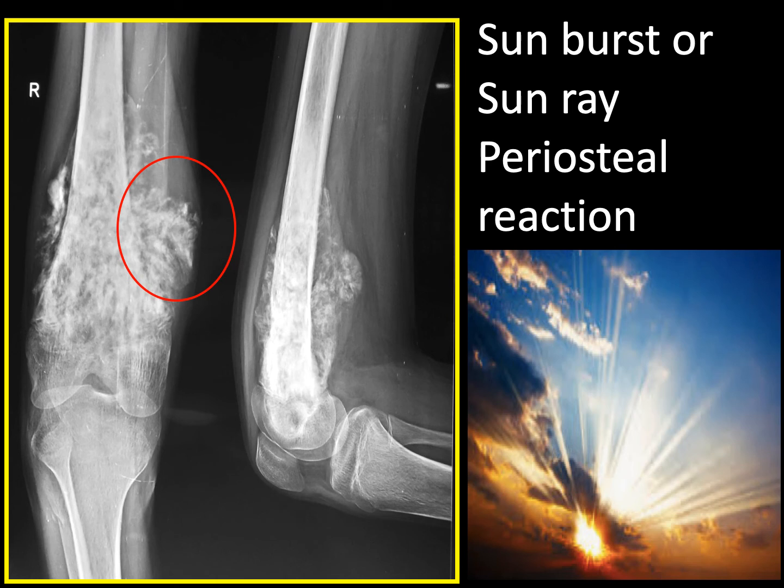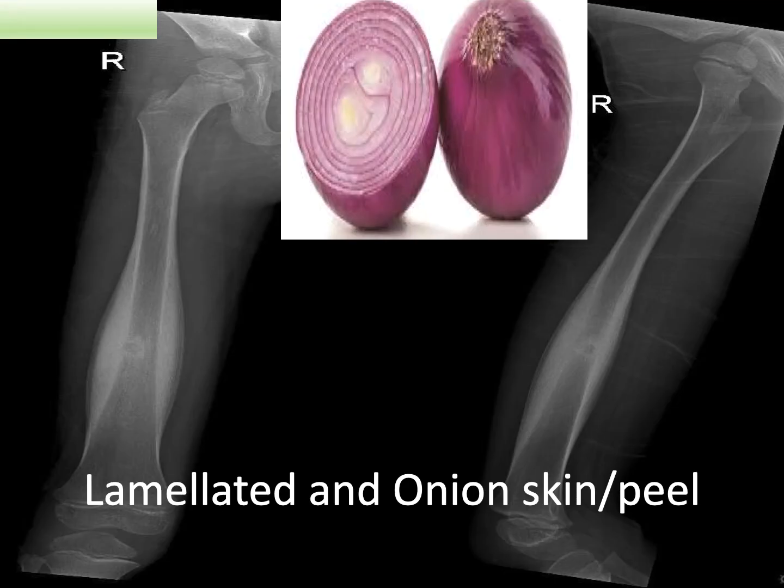This is an example of sunburst or sunray type of periosteal reaction classically seen in osteosarcoma. Next important is lamellated or onion peel type of periosteal reaction. Like concentric rings, an onion has multiple layers, and here we can appreciate a lamellated or onion peel type of periosteal reaction classically seen in Ewing sarcoma of the bone.